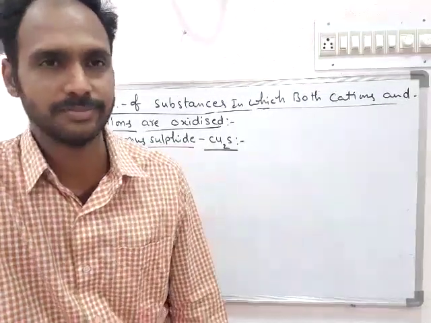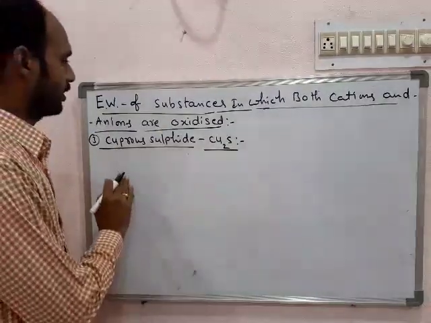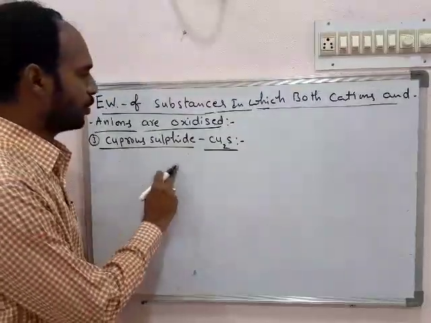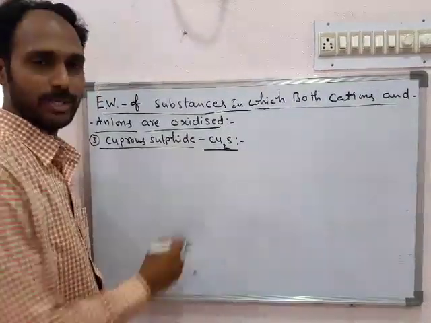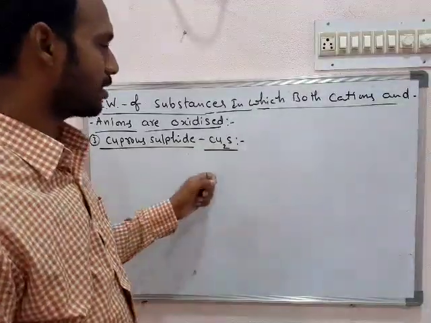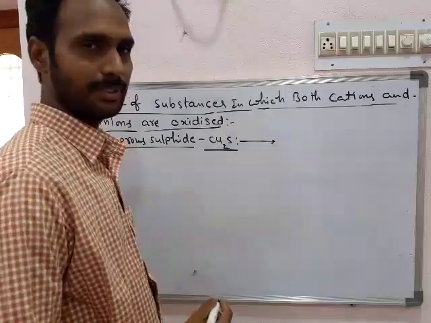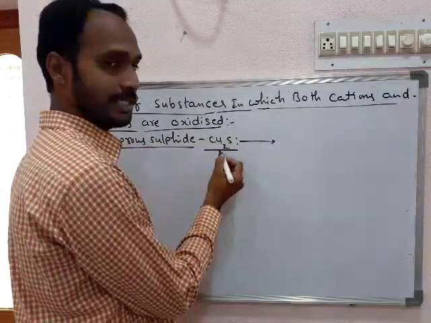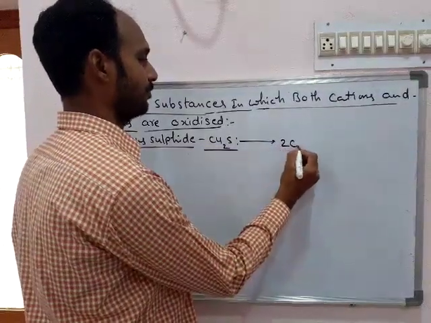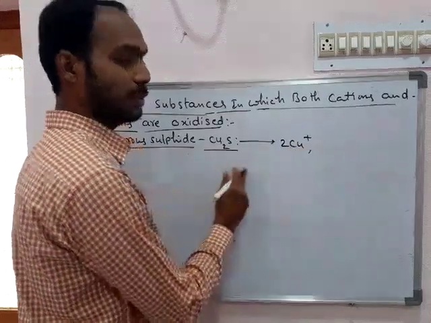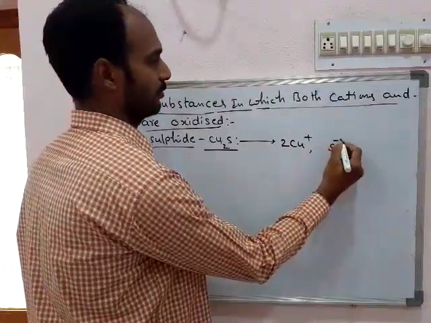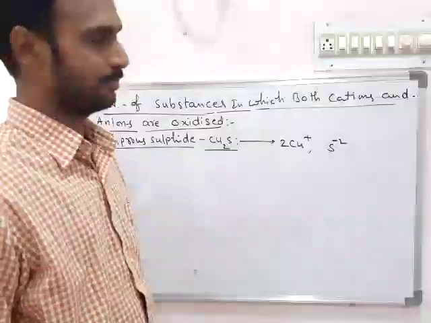So next, the third one. The equivalent weight of cuprous sulfide, Cu2S. So we know that ions exist. The ions released from this are 2 cuprous ions and 1 sulfide ion.